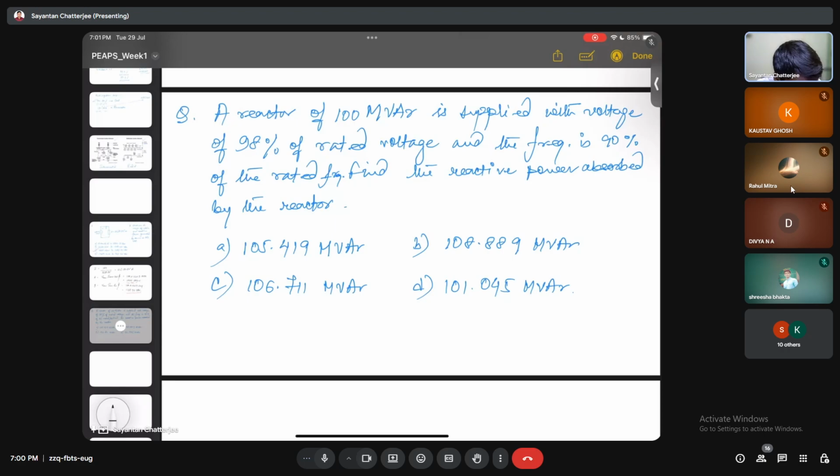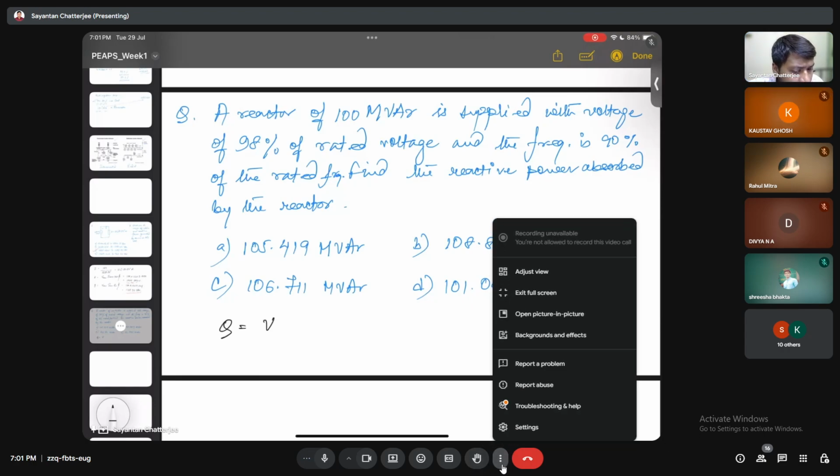When we say Q, is it directly proportional? Reactive power is directly proportional to what?